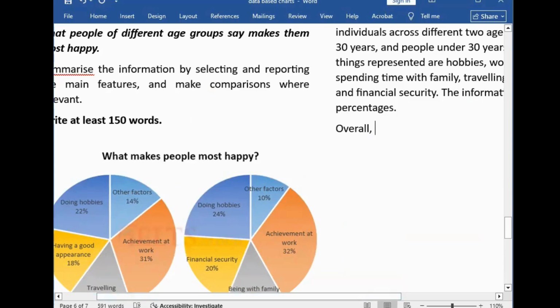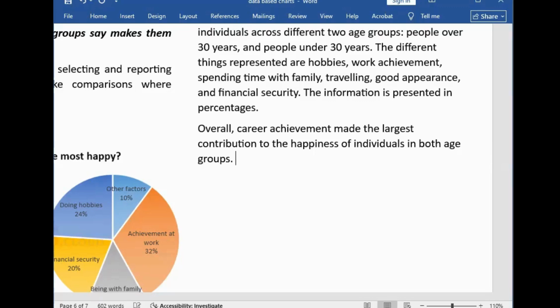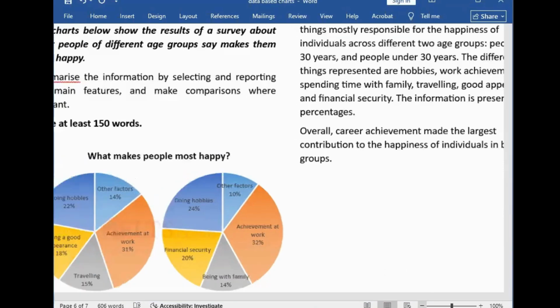Overall, career achievements made the largest contribution to the happiness of individuals in both age groups. In both what? Age groups. Career achievement made the largest contribution.